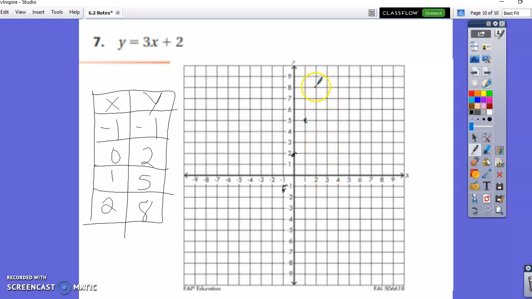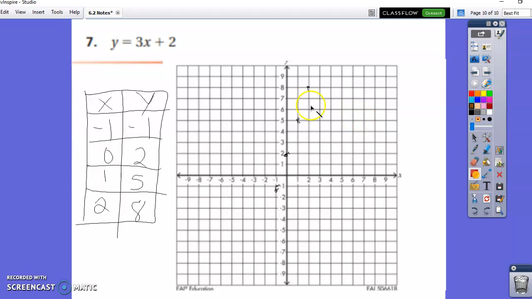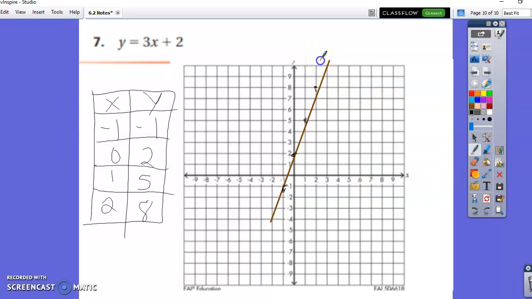And 2, 8. And then I'm going to connect those with the straight edge. And again, I'm not asking you to be perfect on your lines. Just make sure that you're using a straight edge. All right, and that is 6.2.